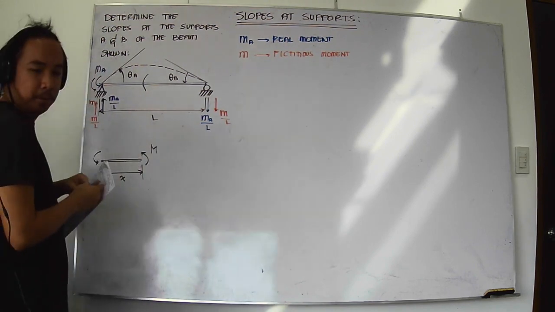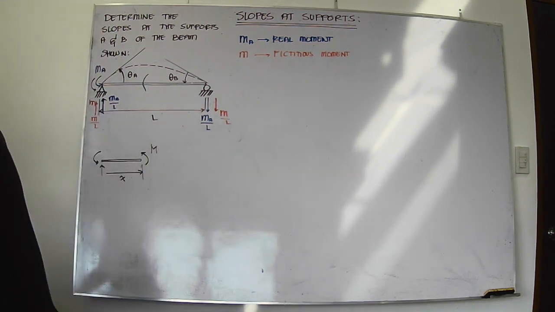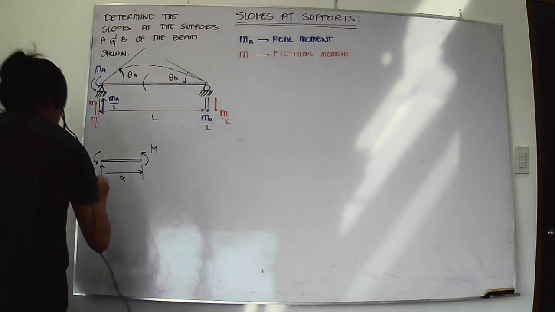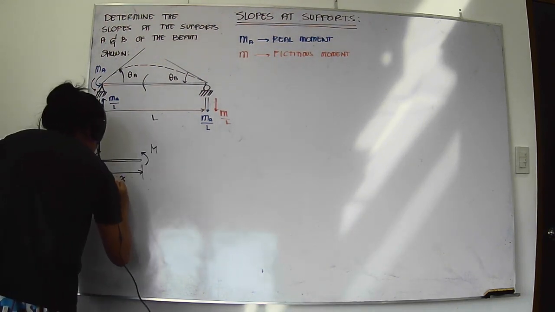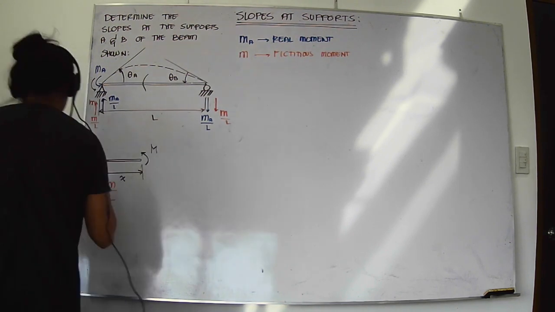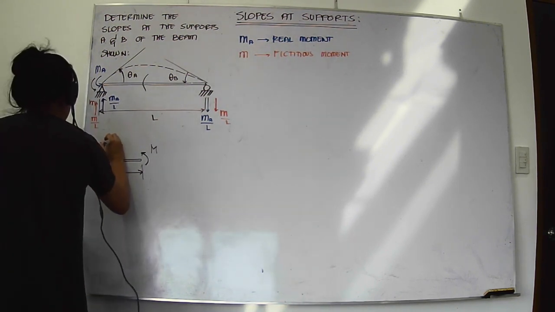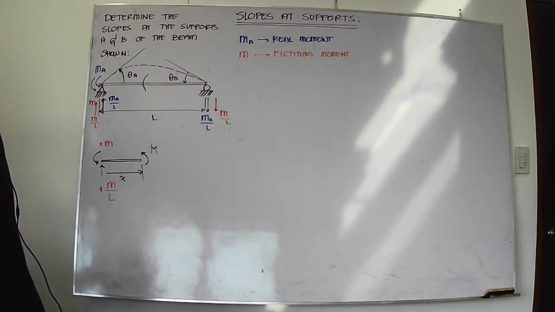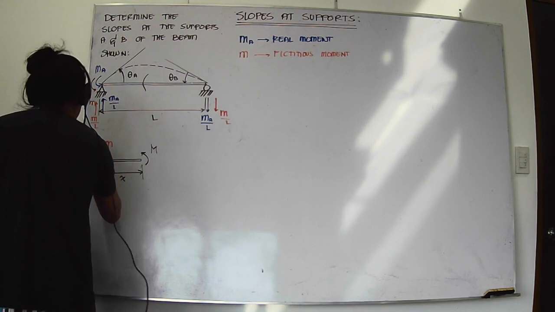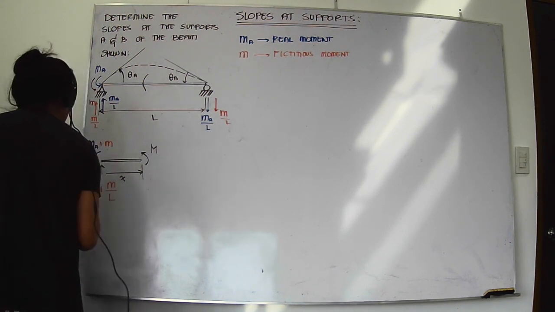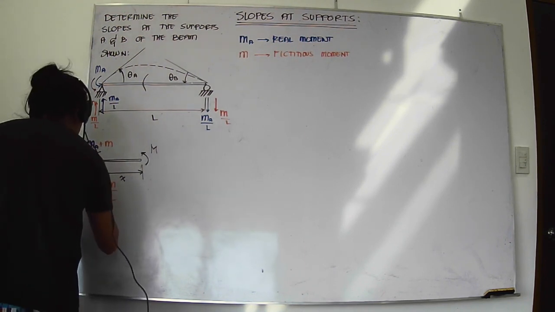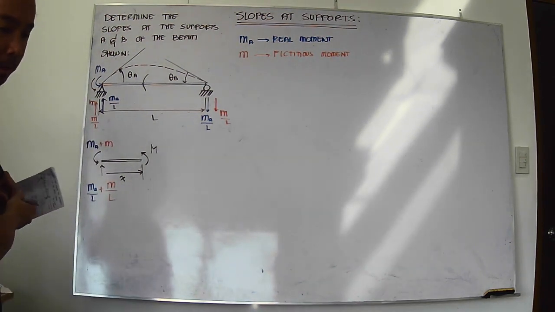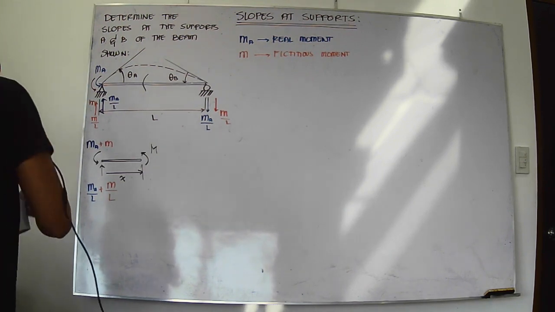I color-coded them in order to differentiate which are real or fictitious. Moments that are fictitious are in red, and moments that are real are in blue. So we have this kind of free body diagram.